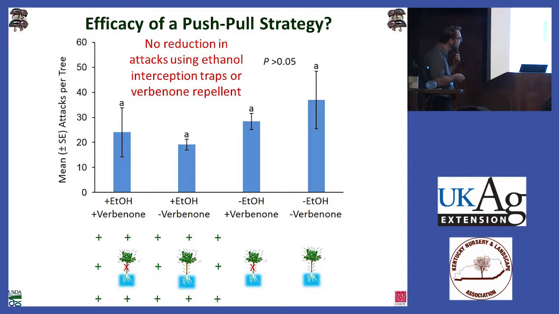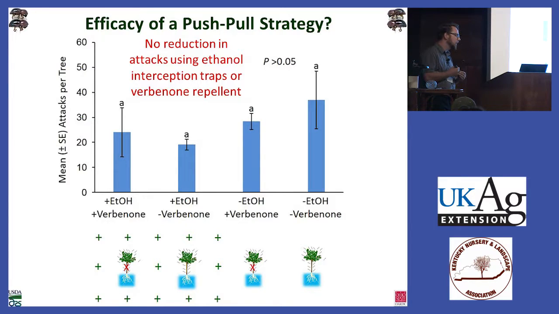And unfortunately, as you can see here, this is the number of attacks on these trees. There were no significant differences in Ohio and Virginia. In other words, the perimeter traps did not prevent those trees from being attacked, and the verbenone repellent didn't reduce any attacks either. So we were kind of discouraged by this.